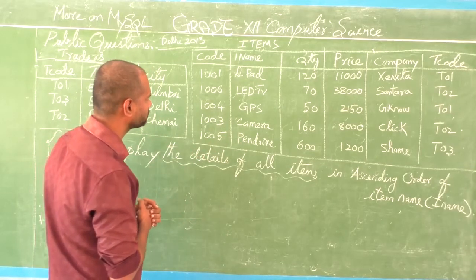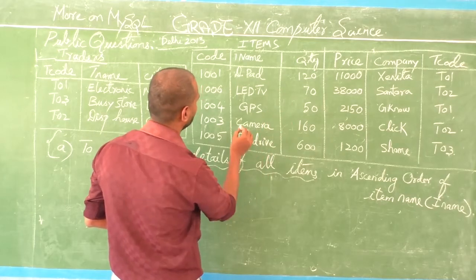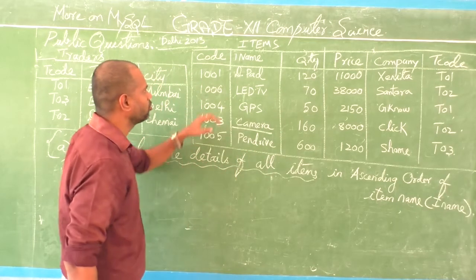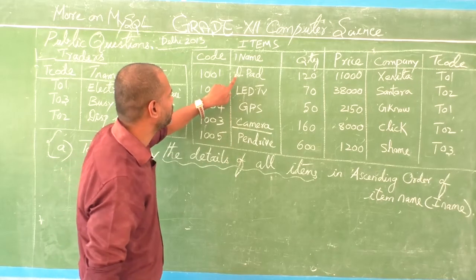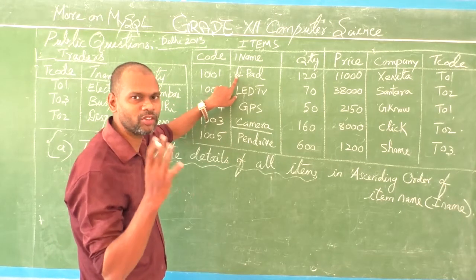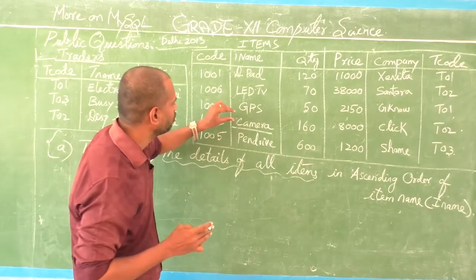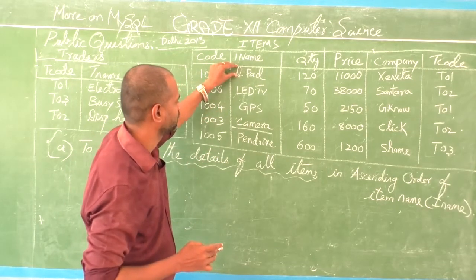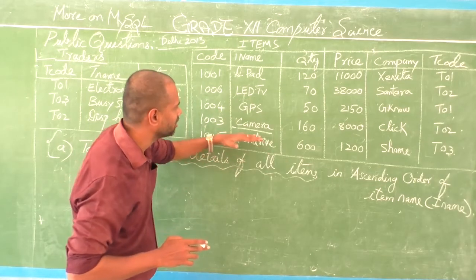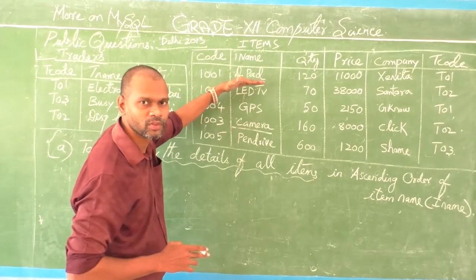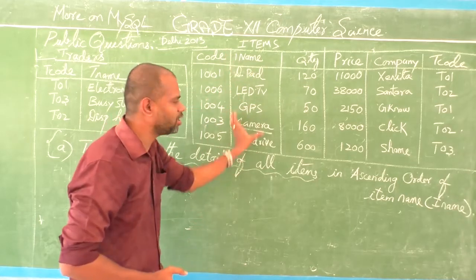Suppose C, D, P: D means the alphabetical value is 4, whereas C means the alphabetical value is 3, so C will come first. P value is 16, so the pen drive will come at last and the camera will come in the front, so that all the rows are arranged according to ascending order.